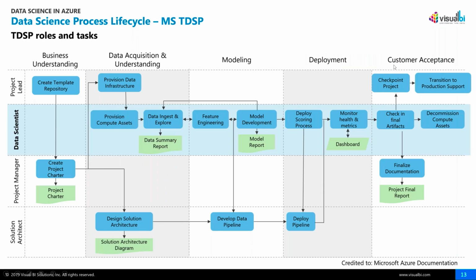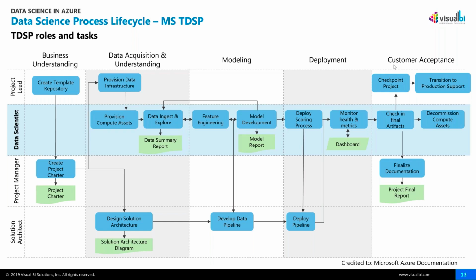This is a typical data science project. So the blue squares are the tasks to be handled by the roles, which are on the left vertical axis, at different stages on the upper horizontal axis. And then it produces different artifacts, which are in the green boxes.